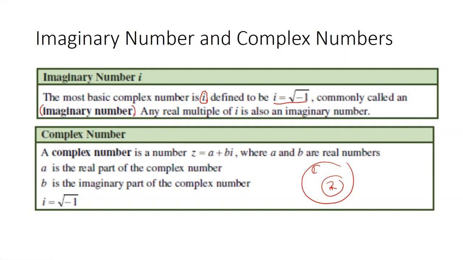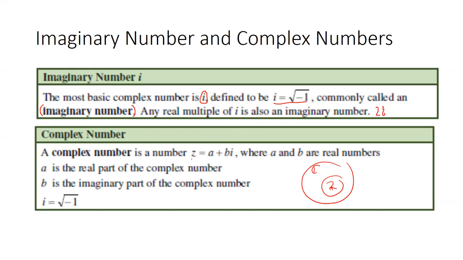It exists, it's just what folks called it back in the day. Any real multiple of i is also an imaginary number. So some examples of more imaginary numbers: 2i. That's an example of an imaginary number as well.